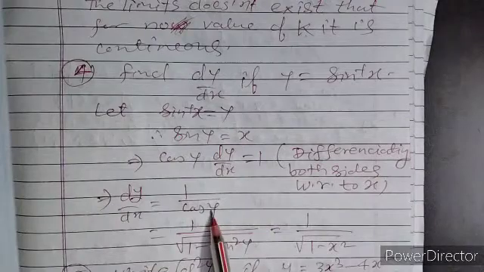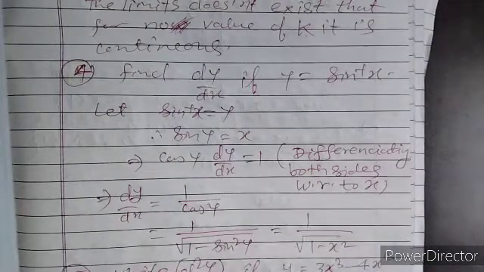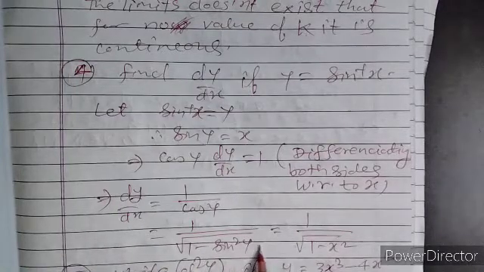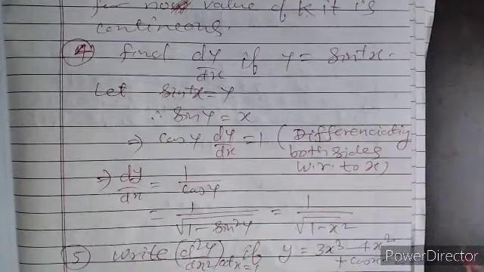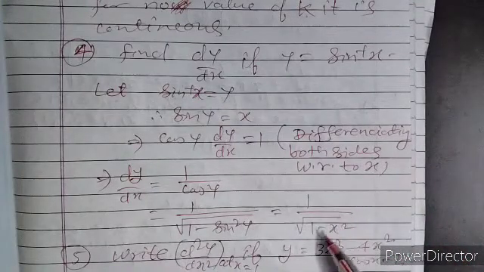Cos y is the square root of cos square y, that is 1/square root of (1 - sin square y), that is 1/square root of (1 - x square). Thus d/dx of sin inverse x is equal to 1/root(1 - x square).